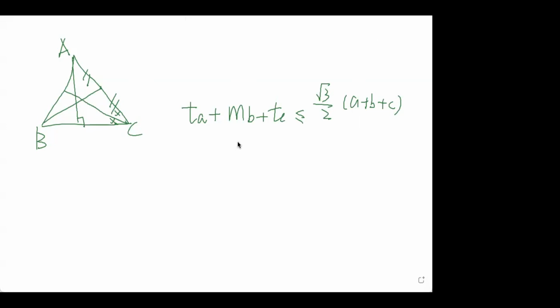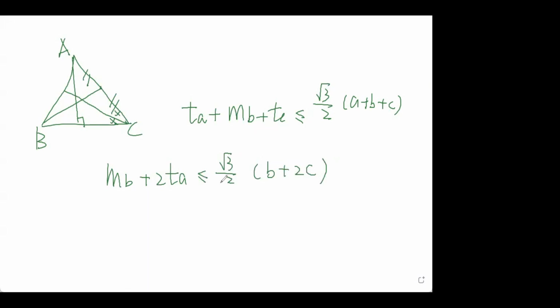Sometimes we cannot tackle the problem as a whole, but there is some magic happening if we sum up some inequalities. So we can prove something partial, and we could think of proving that MB plus 2TA is smaller than sqrt(3)/2 times B plus 2C.